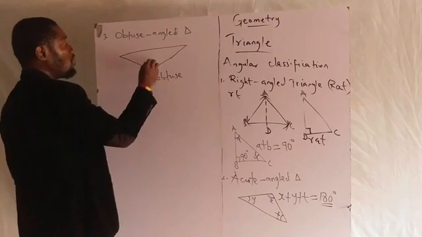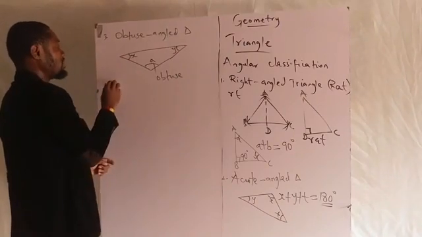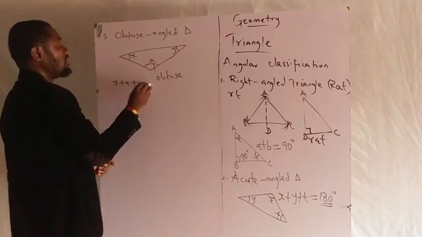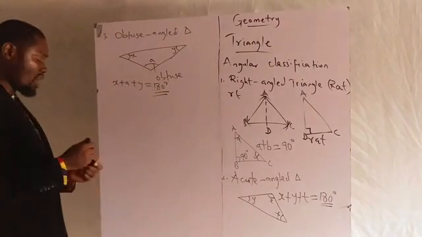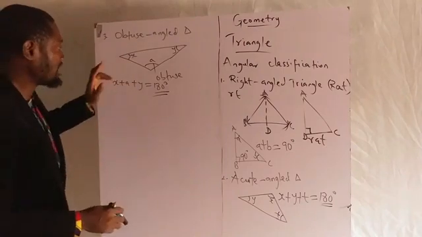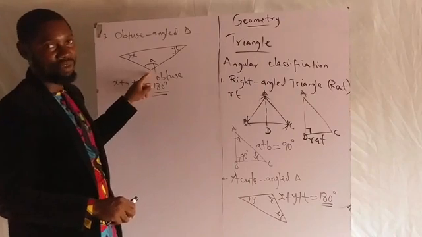But if you add everything together, you still have 180 degrees, which is the sum of angles in a triangle. But this obtuse one has one of its angles more than 90 degrees.